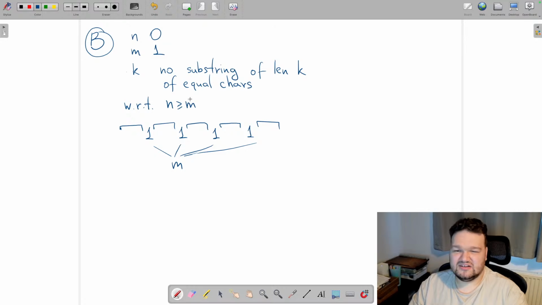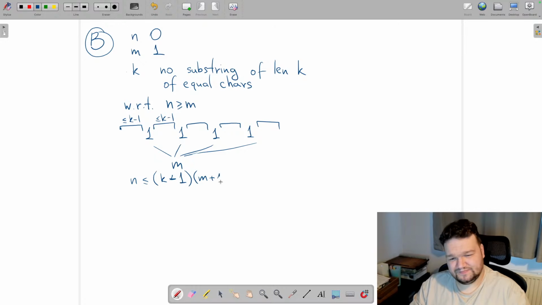And we cannot have k or more zeros in one group, so the size of each group is at most k minus 1. And we can have at most m plus 1 groups, so the number of zeros should be at most k minus 1 times m plus 1.